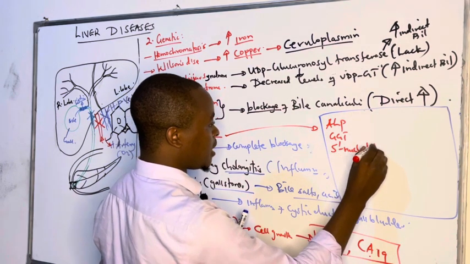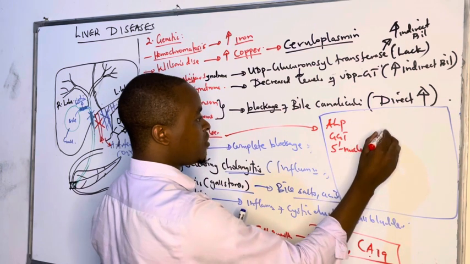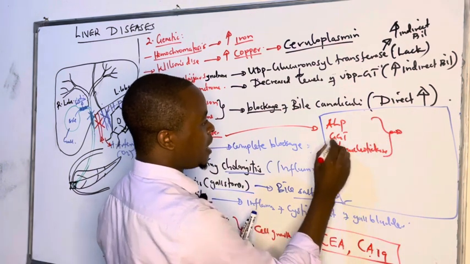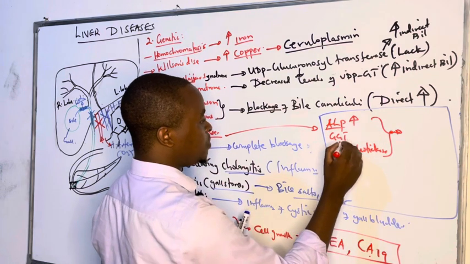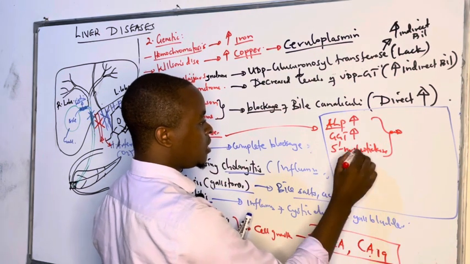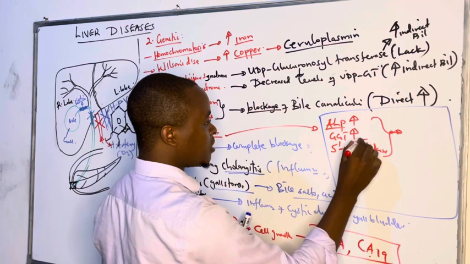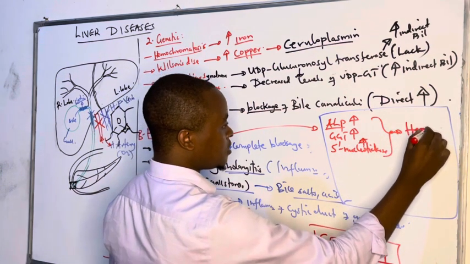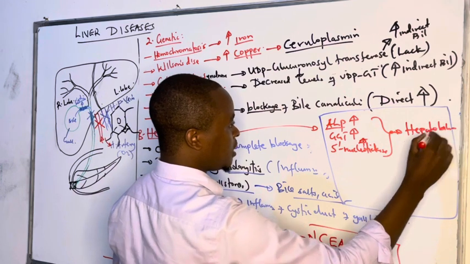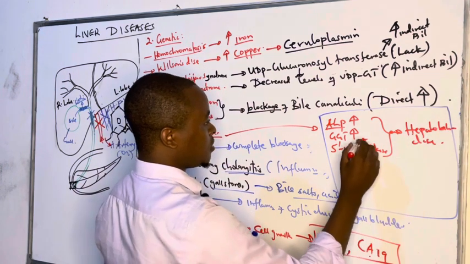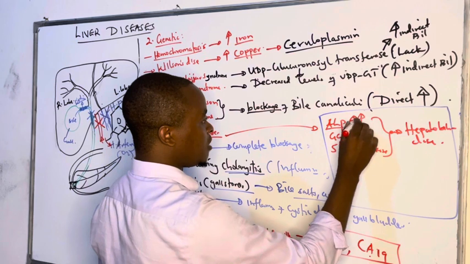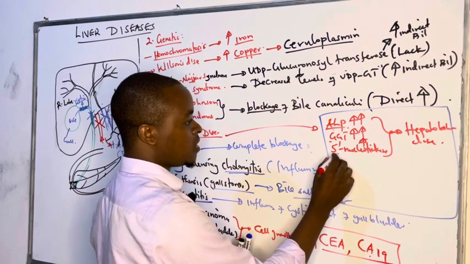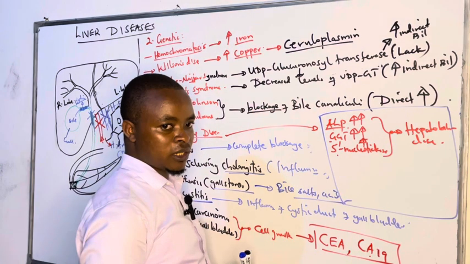These are liver enzymes, and whenever you do them and they are elevated, this confirms hepatobiliary diseases. So in hepatobiliary diseases, we see elevation of alkaline phosphatase, gamma glutamyl transferase, and 5' nucleotidase.